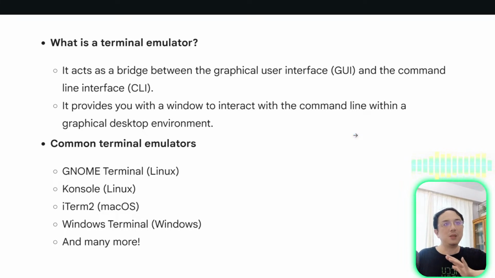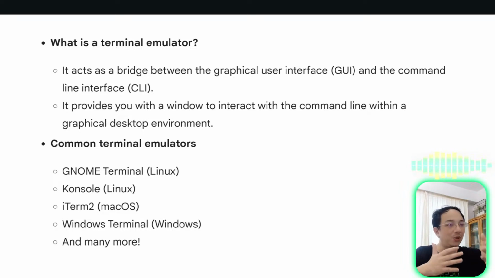Okay, so now let me clarify a few concepts related to DOS or the terminal or command line interface. First of all, we need a terminal emulator. Why do we call it an emulator? Because once upon a time, there was actually something called a text terminal.